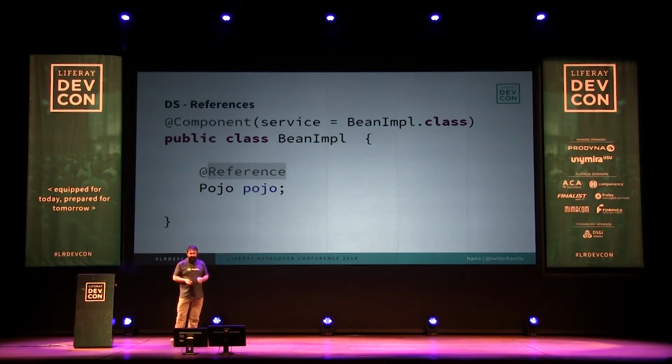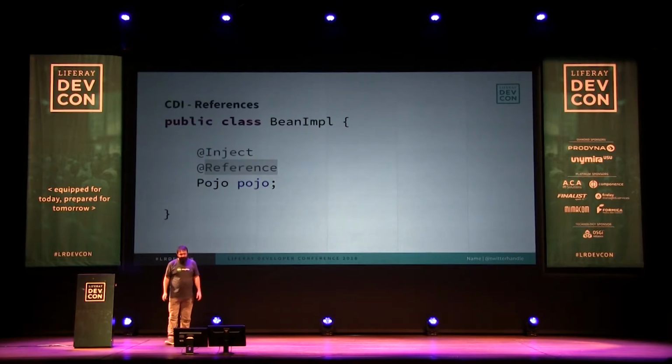Just an @Reference annotation, and here is a simple example, just a mandatory reference for this type POJO. So in CDI, it's virtually the same, except CDI already has this concept of @Inject. We need to qualify that injection point to be also a reference, so that this is the way that you tell the CDI injection point and the CDI container, I want a service in this injection point.